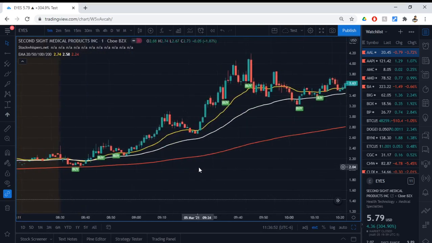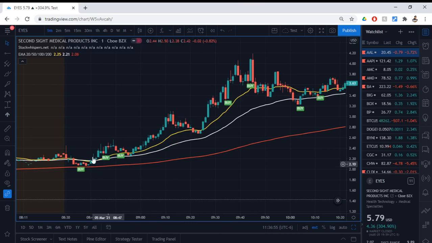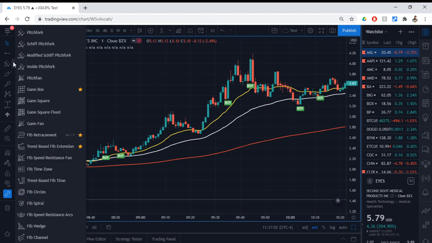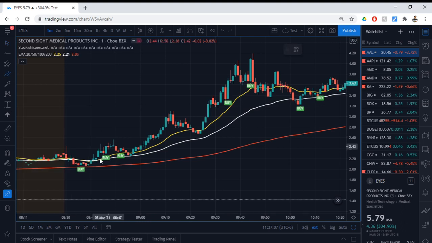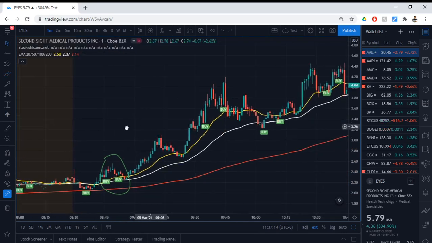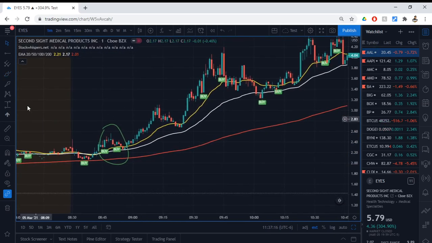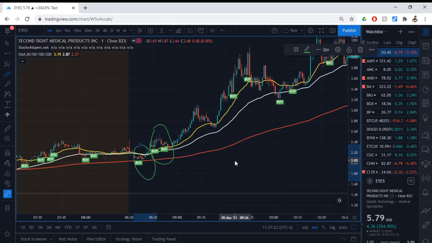So conditions are met, moving average conditions are met. You would have taken any of these two, right? Or this one, if you even thought that the alert that we gave was something valid.